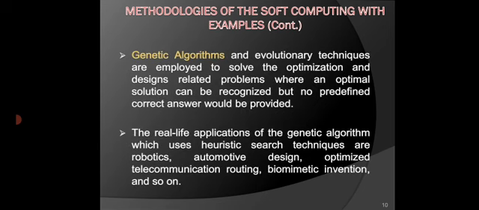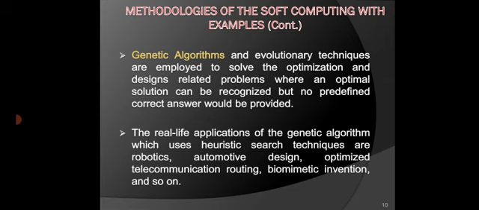Next is the genetic algorithm method. Genetic algorithms and evolutionary techniques are employed to solve optimization and design related problems, where an optimal solution can be recognized but no predefined correct answer is provided.